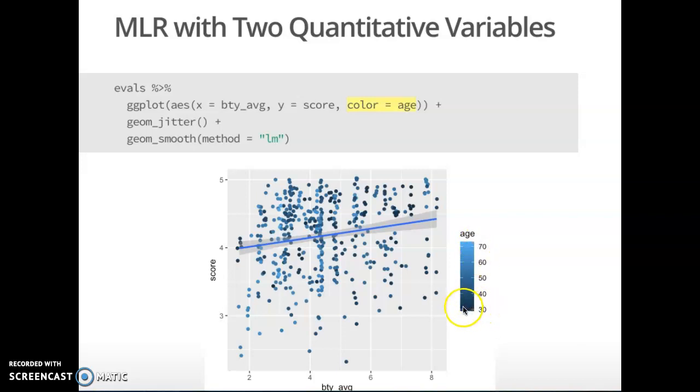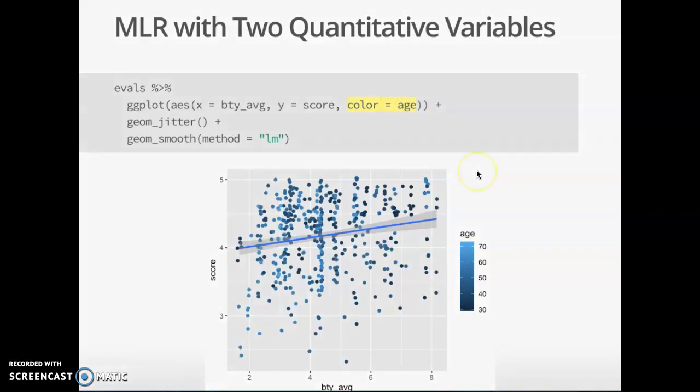So we see that these really dark blue points up here in these higher evaluation scores as well as these higher average beauty scores correspond to the professors who are younger. And then we see that these lighter blues are mostly found over here, in these lower average beauty scores, for our older professors. So this is what it looks like when you add this quantitative variable to your color piece.